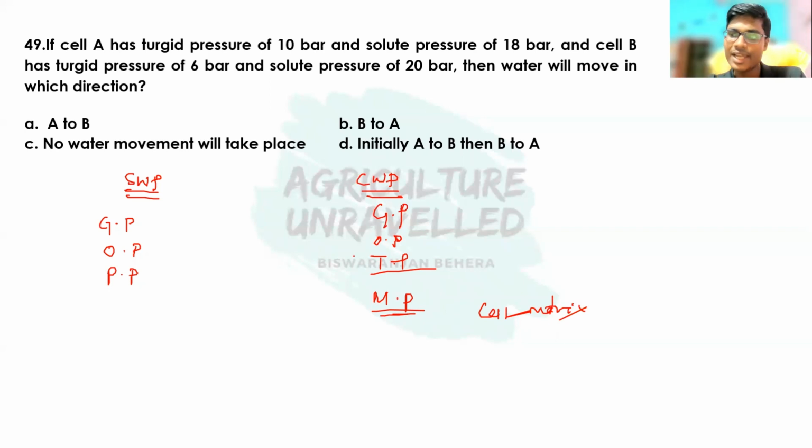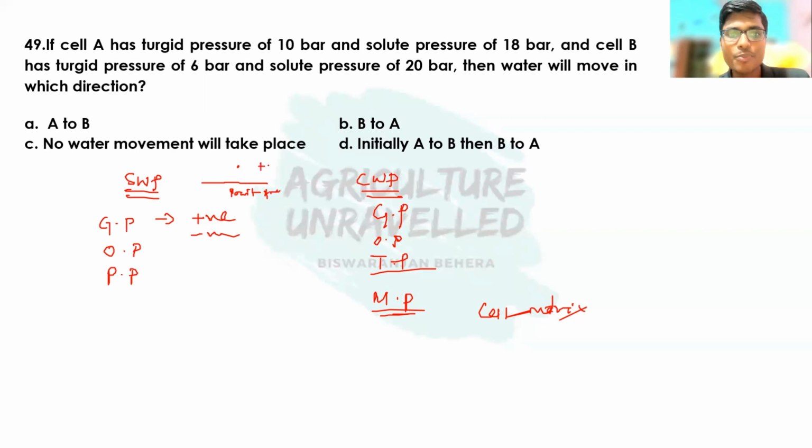So in case of soil, gravitational potential can be positive or it can be negative. Gravitational potential is positive in soil when, relative to the point of reference, the point of consideration at which we are measuring gravitational potential is above the point of reference.